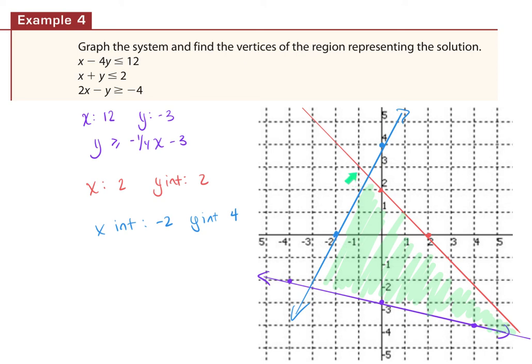All right, and so when we start doing these where it asks for the vertex, where they cross, you literally have to solve for where these two lines cross, which means you have to use one of your methods other than graphing to figure it out, because graphing didn't tell me enough, right? Graphing told me the region, I can see the region, but if it wants the vertex where they cross, my graph wasn't good enough.